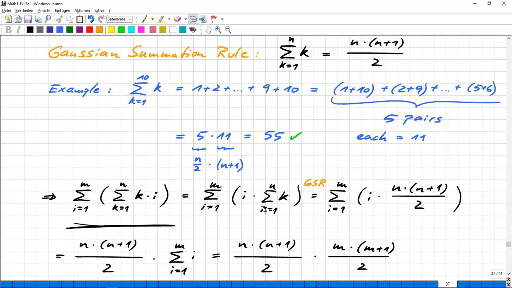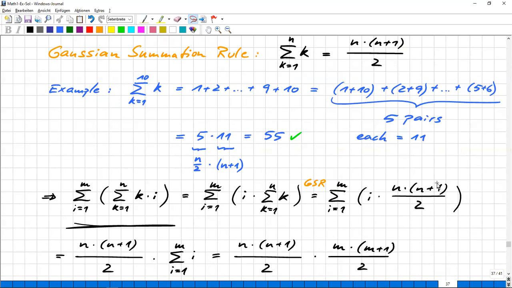And then I can just solve this summation using Gauss's summation rule, which is what we just did. So I replace this one by looking here, k runs from 1 to n, just taking n times n plus 1, the whole quantity divided by 2. And this factor of i just stays there.